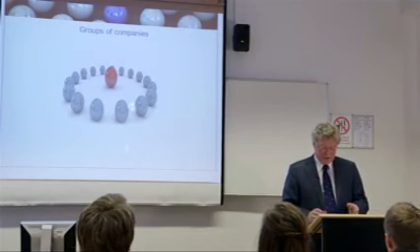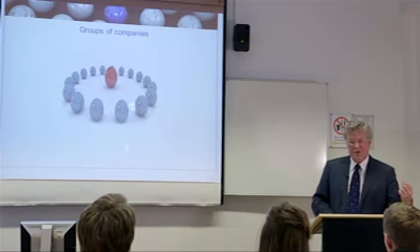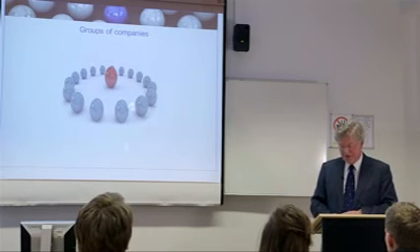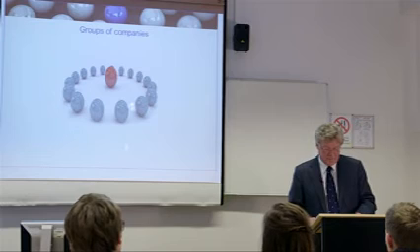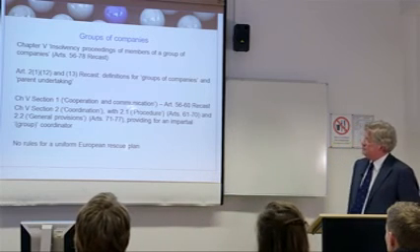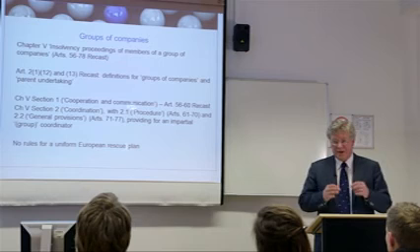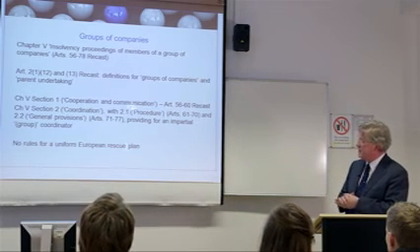The final issue, which is new, is groups of companies. There were no rules in the existing regulation, and there are 18 rules in the recast, in a chapter, chapter 5, which is full and new. In Article 2, you find definitions of what is a group of companies and what is a parent undertaking.